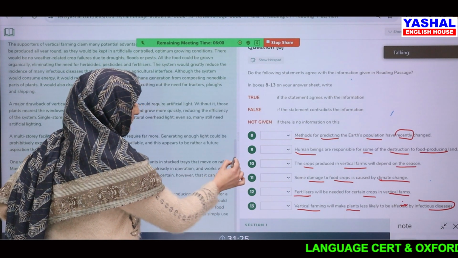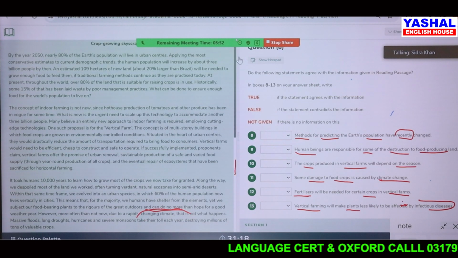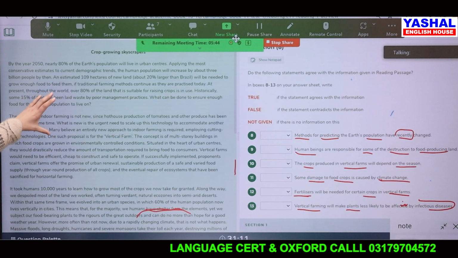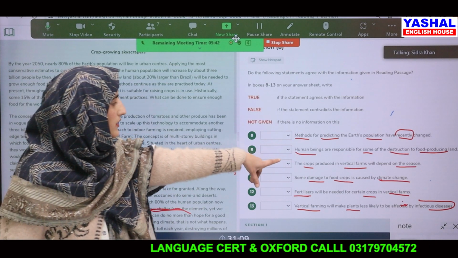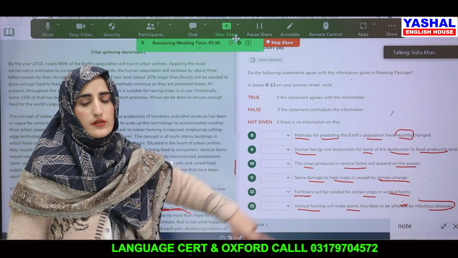Just read paragraph number 1. Just give me 1 moment. Okay. Start reading from paragraph number 1 and find the relevant answers, the important keywords, whether you are able to find any keyword or not.